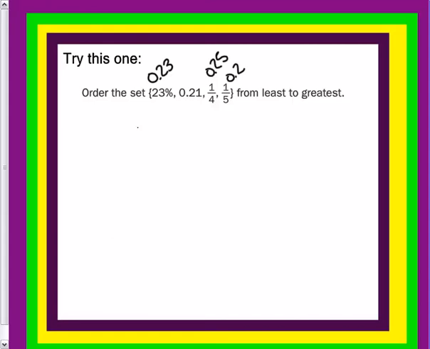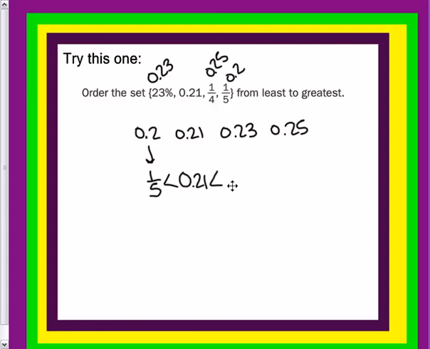So the least would be 0.2 or 2/10, then would be 21, then would be 23, and then would be 25. Now I'm not done. I've got to put them back in their original form and make sure that I put my comparing signs. So 1/5 is less than 21/100, which is less than 23%, which is less than 1/4.